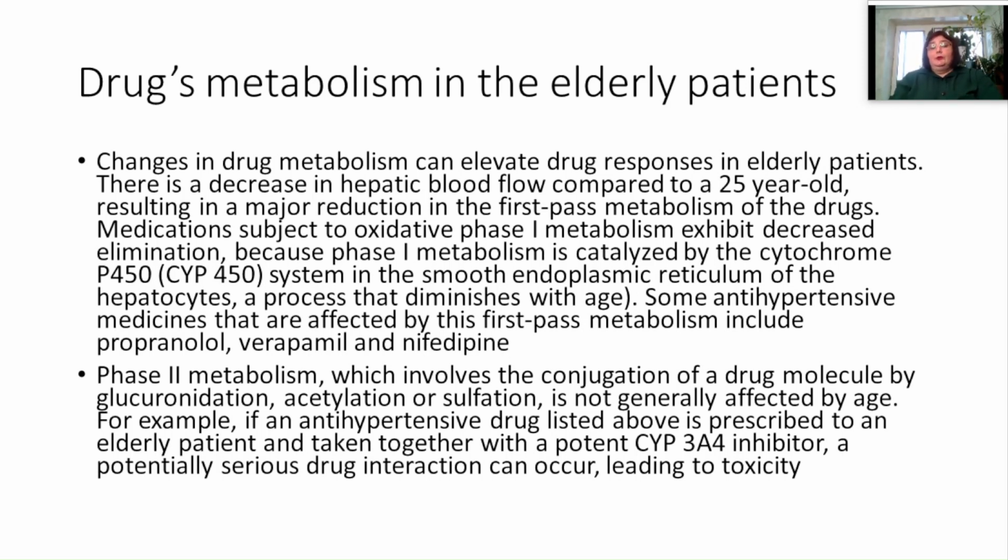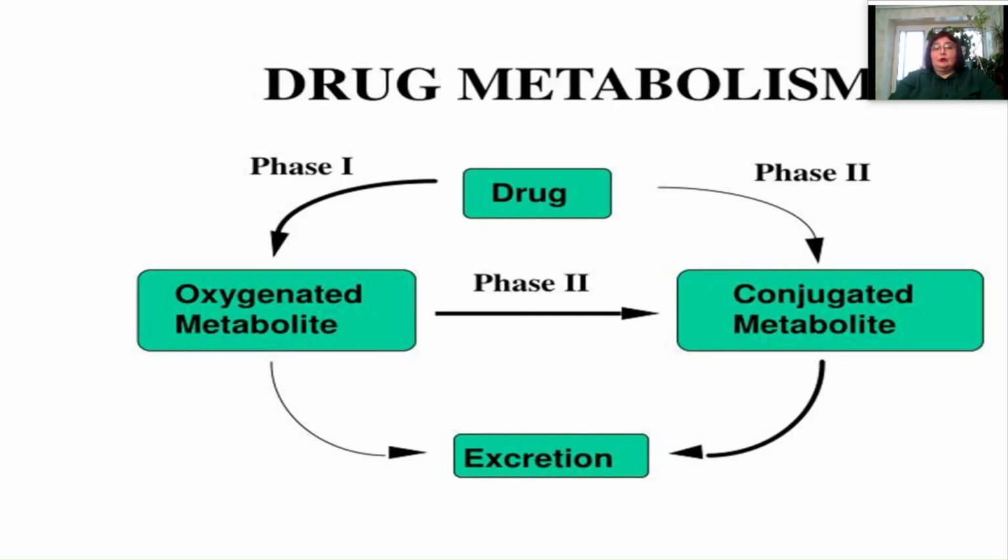Phase 2 metabolism, which involves the conjugation of a drug molecule by glucuronidation, acetylation, or sulfation, is not generally affected by age. For example, if an antihypertensive drug listed above is prescribed to an elderly patient and taken together with a potent cytochrome 3A4 inhibitor, a potentially serious drug interaction can occur, leading to toxicity.